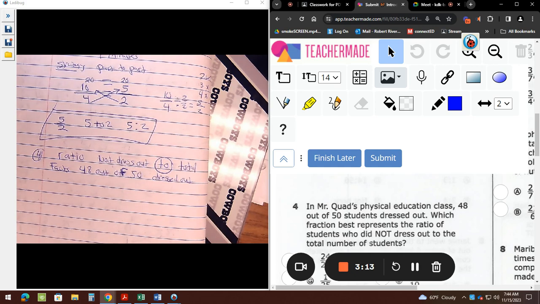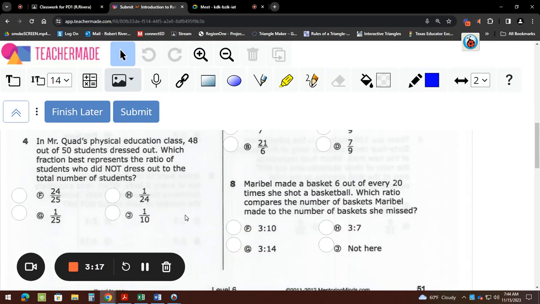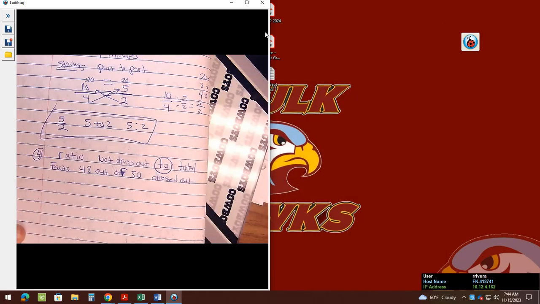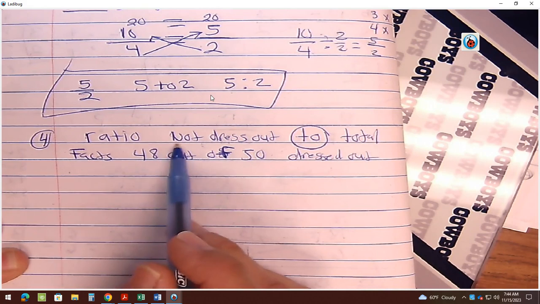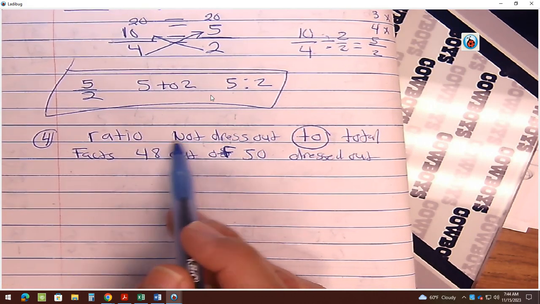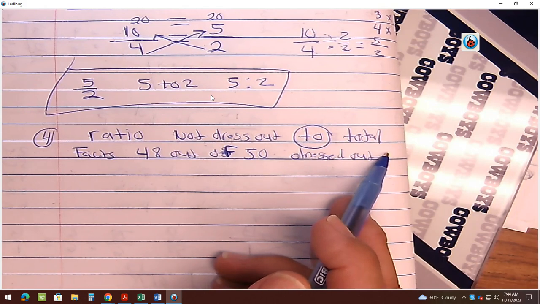Okay? Now let me make this thing big now. Here's where we messed up, some of us. Okay? So the facts, I don't need that guy. I need this guy bigger. Okay, there we go. So the question wants the ones that are not dressed out to the total.